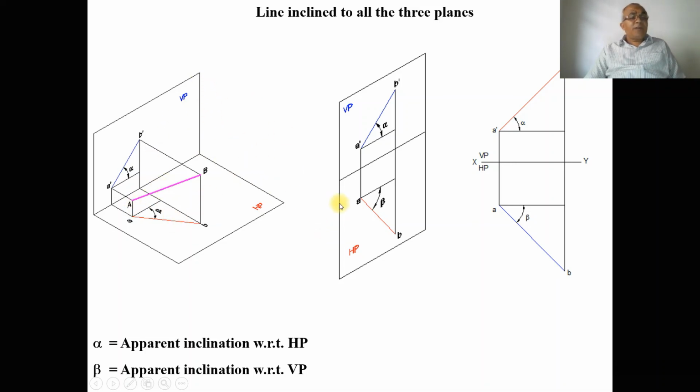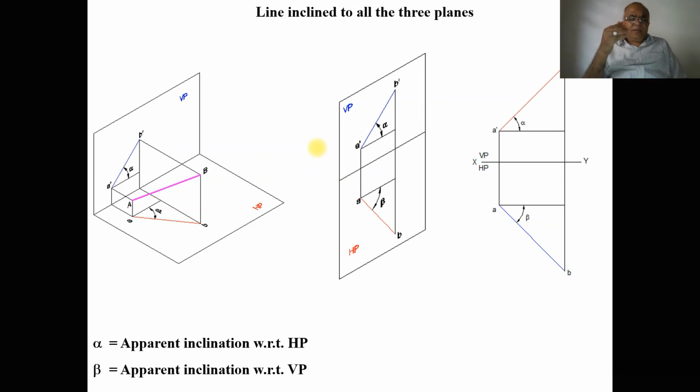With respect to the profile plane also, both B and A are not equidistant from the profile plane. Therefore, obviously that line should be inclined to the profile plane also. Since we are not considering the profile plane, we will not be focusing on it from lines onwards. We are not focusing much on the profile plane, as it is not required.